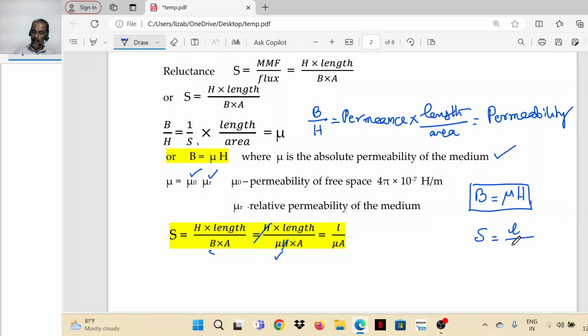S is equal to L divided by mu A. So the important relations are B is equal to mu into H and S is equal to L divided by mu A. Flux density is equal to absolute permeability into magnetic field intensity, and reluctance is equal to the length of the magnetic path divided by absolute permeability into cross-sectional area of the core or magnetic path.